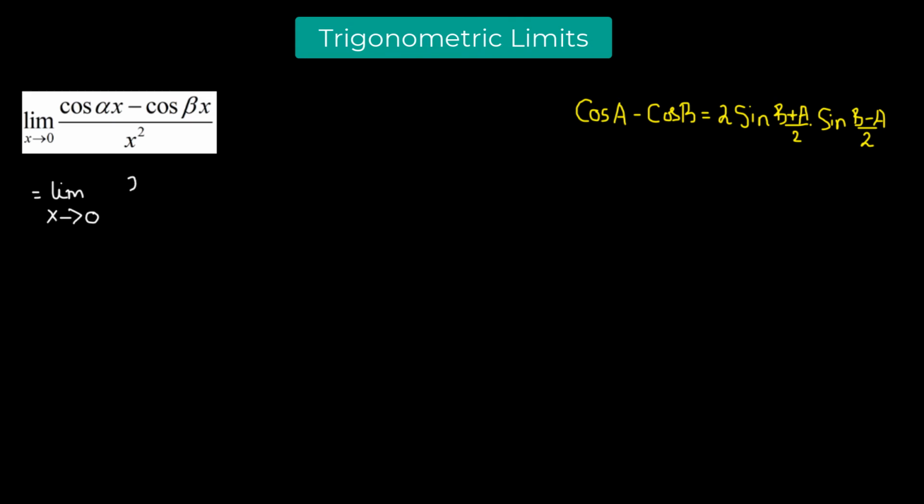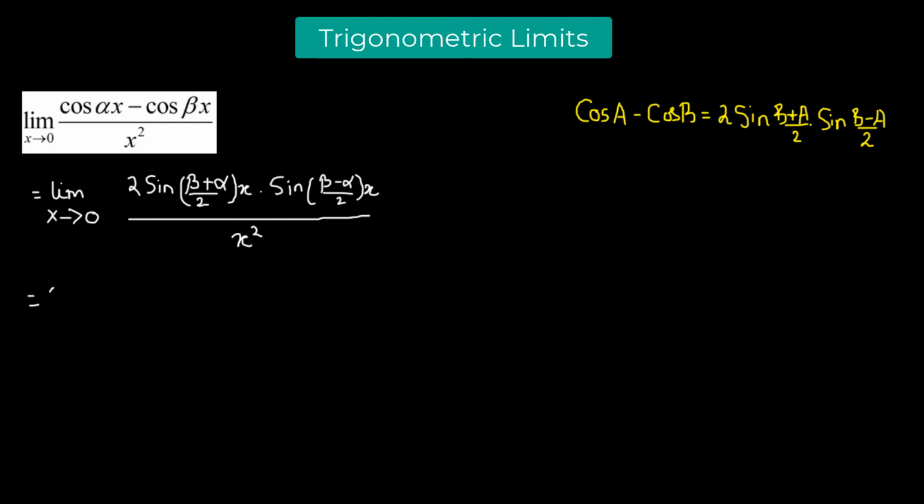So we have 2 times sine of (alpha x plus beta x) over 2. I'm going to write it in a combined form since x is the common factor. So I'm going to rewrite it as sine of (beta plus alpha) over 2 times x, multiplied by sine of (beta minus alpha) over 2 times x, divided by x squared.